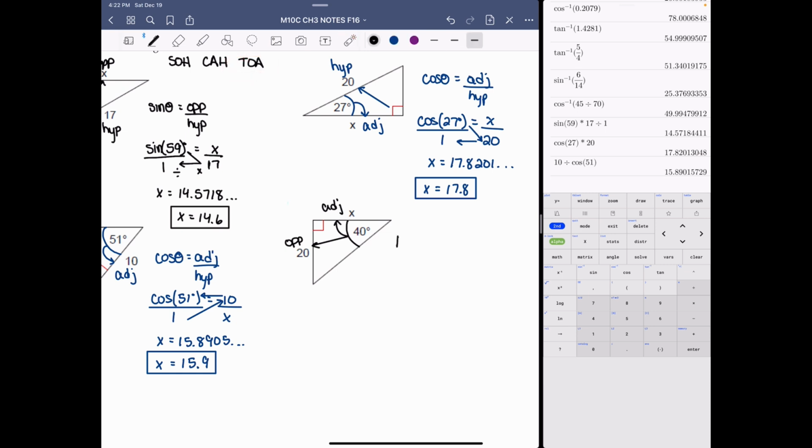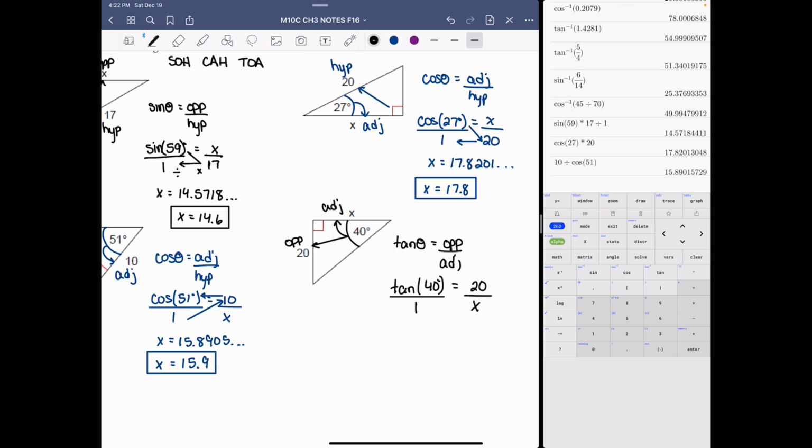So tan theta equals opposite over adjacent. Tan of our angle, which is 40, equals the opposite side, which is 20, divided by the adjacent side, which is x. Put a 1 under tan 40.